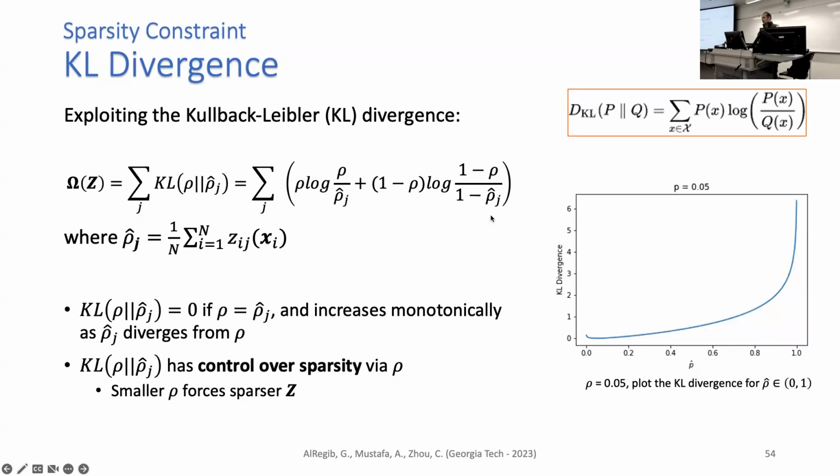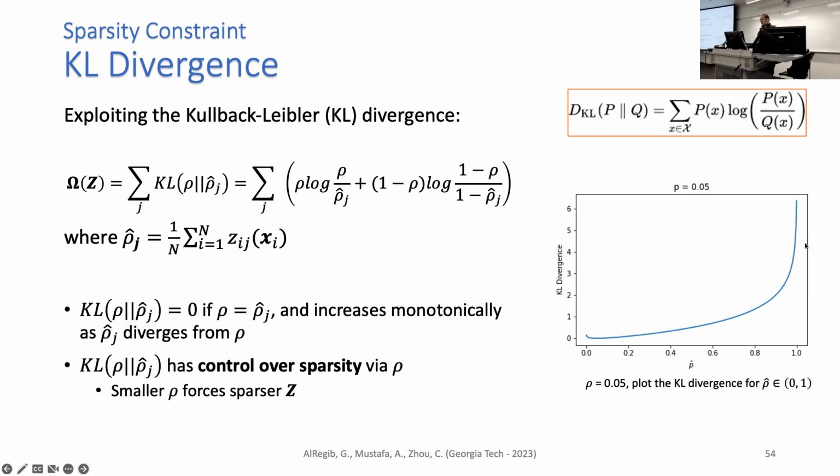In here, I have a control, how much I want this to be, distance-wise. So this rho becomes my hyperparameter. This whole curve is for 0.05, so the rho is 0.05. That's why at 0.05, the distance is smallest, right? That's what I'm doing. I'm trying to make the distance as small as possible.